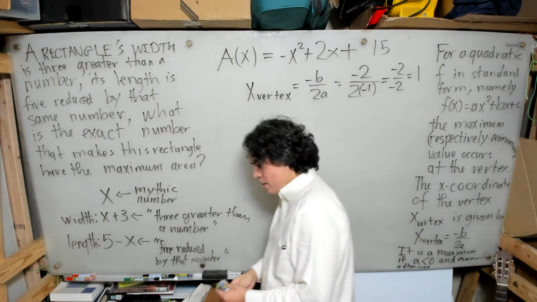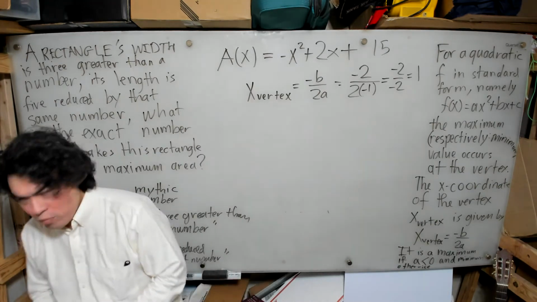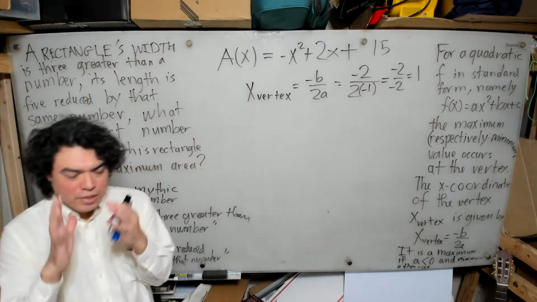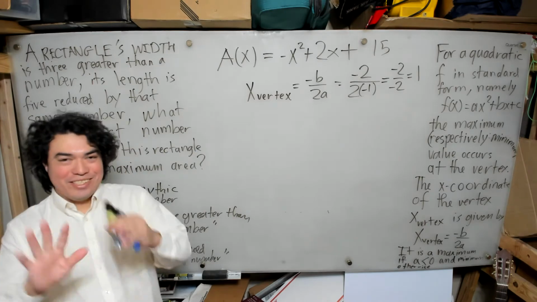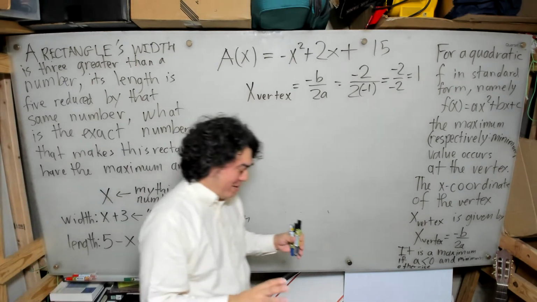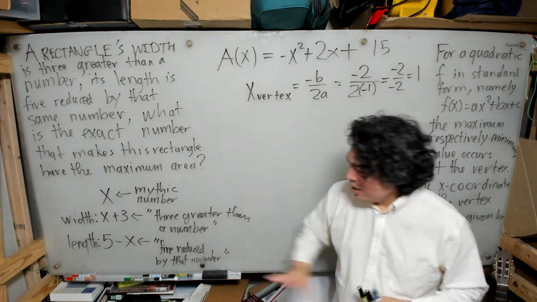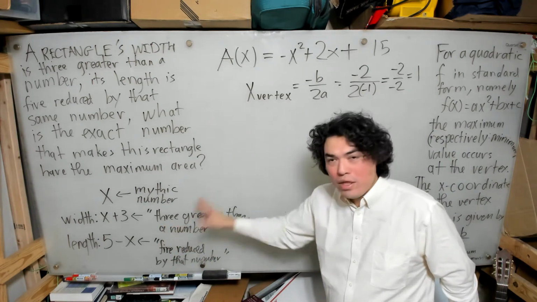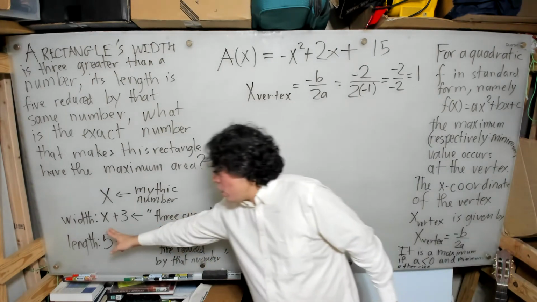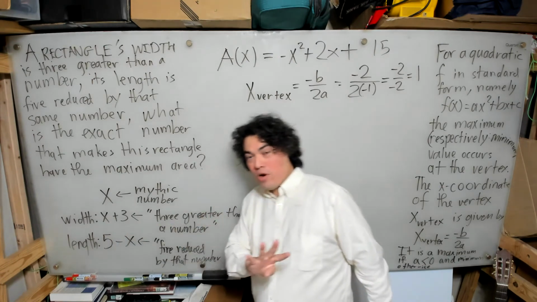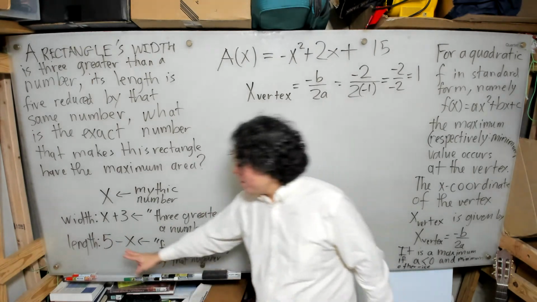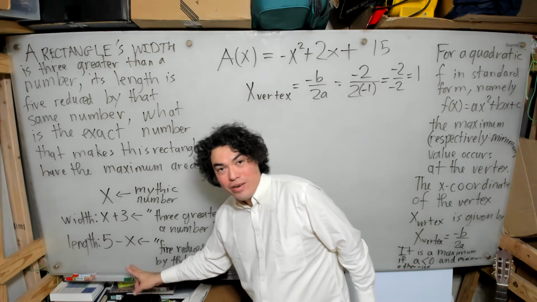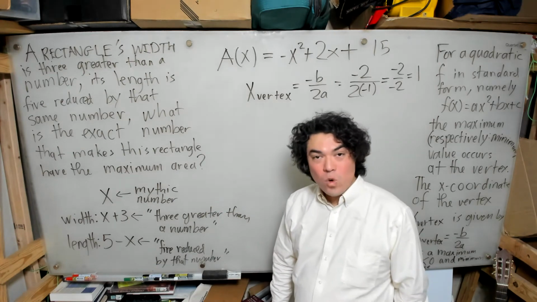And I want to make a brief point about this. So look at this width. This width would therefore be 1 plus 3, which would be 4. What would the length be? 5 minus 1. Aha. 4.